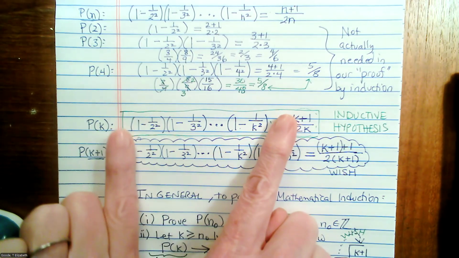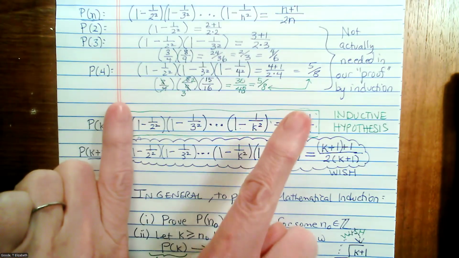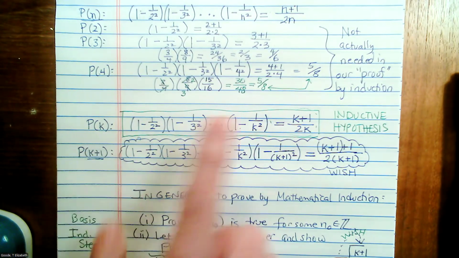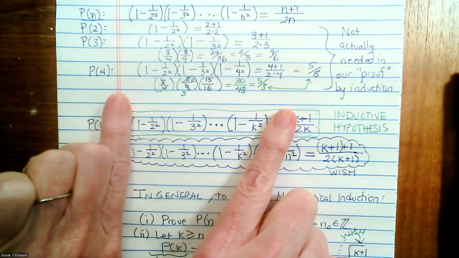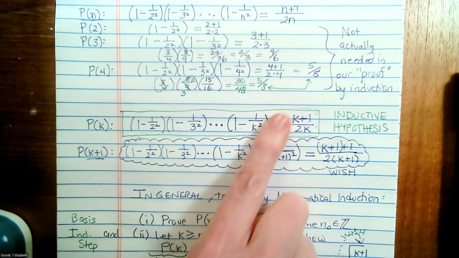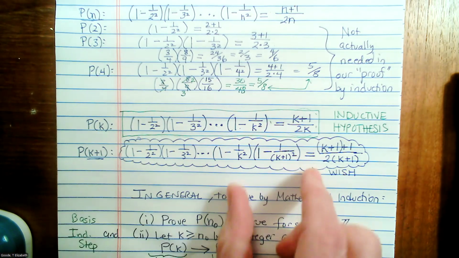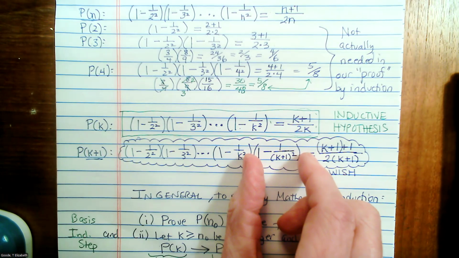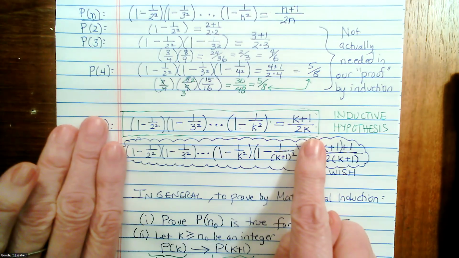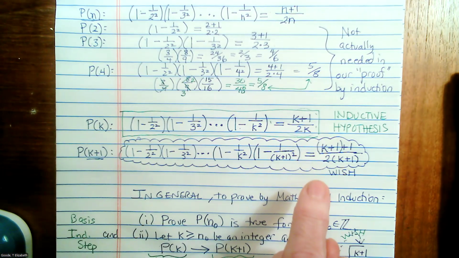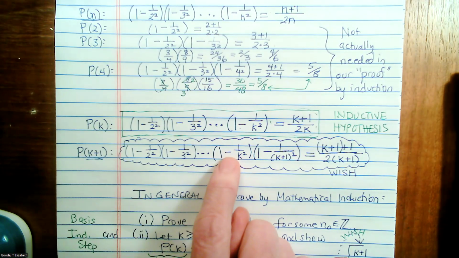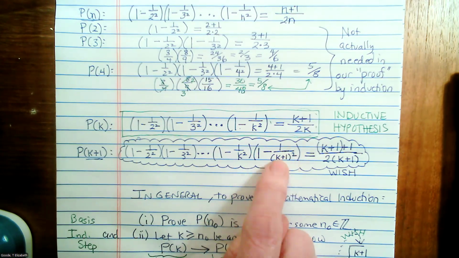And in fact, from here to here is the same in P of k and P of k plus 1. See all of those factors multiplied together? Those are all the same. The only difference is P of k plus 1 has that one extra factor because we have to go up to n equals k plus 1 to get the left-hand side of P of k plus 1. This is the factor right before this factor.